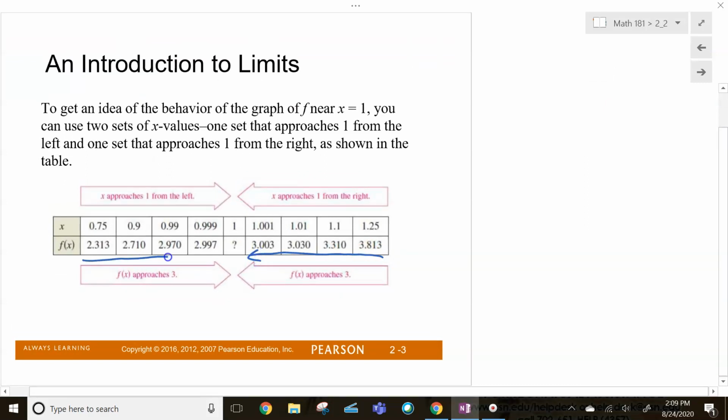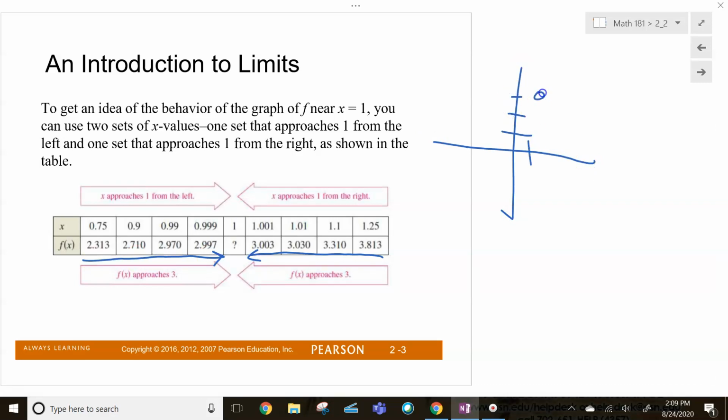I know there's a hole, but what y value am I getting close to as I approach from the right, picking x values closer and closer, and as I approach from the left? What is it getting arbitrarily close to? You can see it there. Well, 3. Obviously, it must be 3. That's the limit. That's the informal definition of a limit.